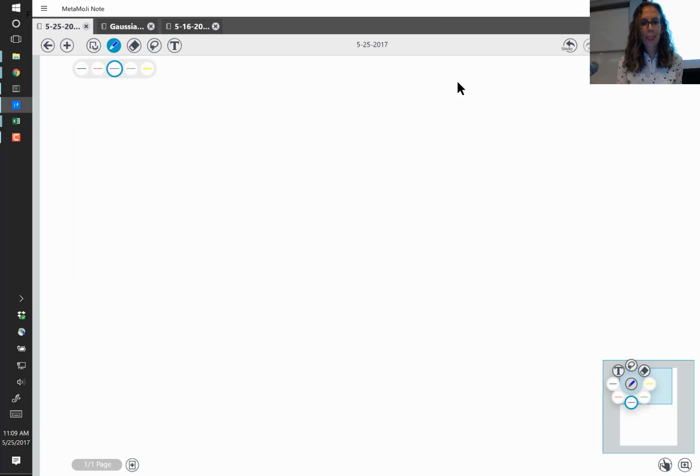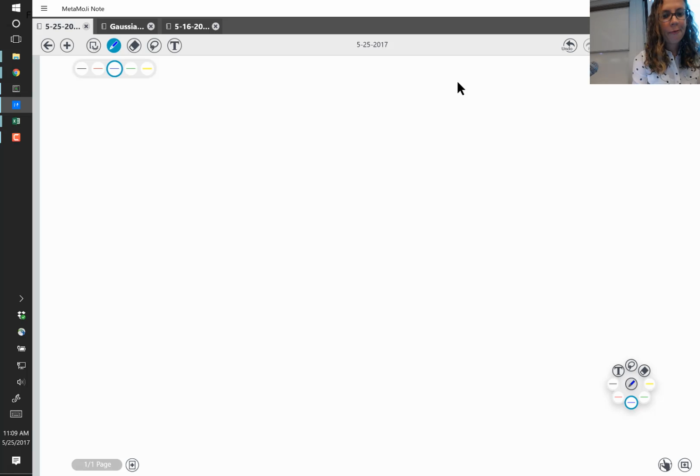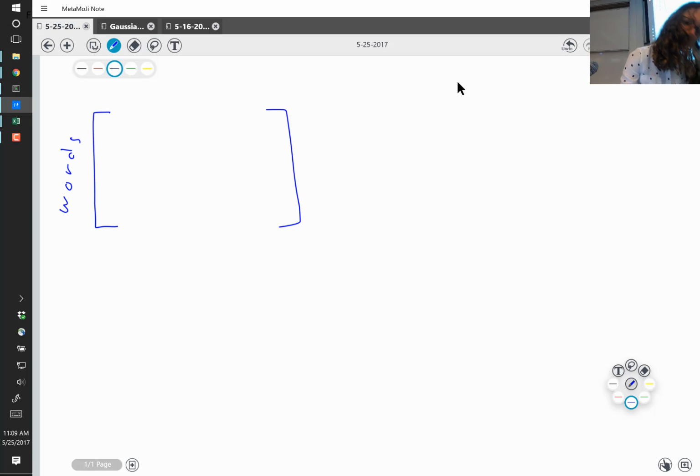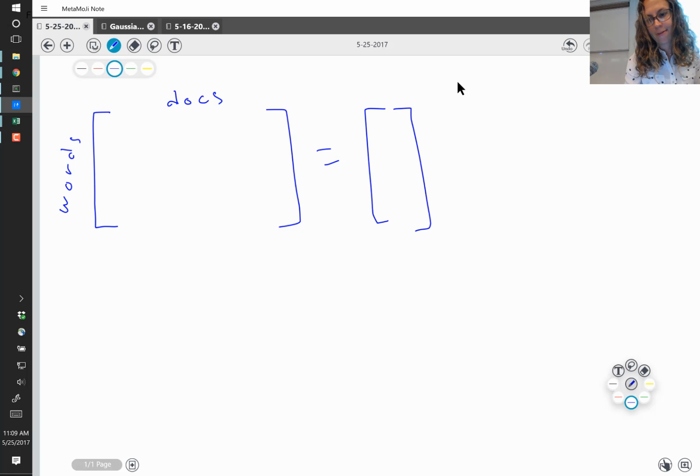Okay. So if you had your words still as the rows, and the documents as the columns, as motivation, you could think of just doing this outer product of two vectors. This is not going to be a very good reconstruction, so I should put that as very approximate.